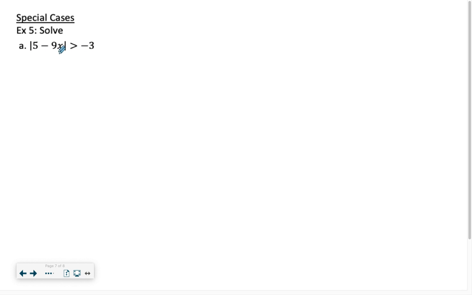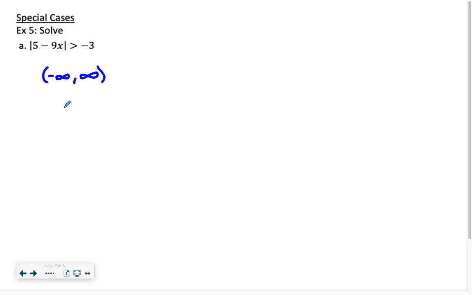So this problem, the answer is just everything, all real numbers, -infinity to +infinity, because we're saying the absolute value of something has to be greater than a negative number. Well, that's always true no matter what is inside of here. Even if this were -1 million, the absolute value of -1 million would be +1,000,000.